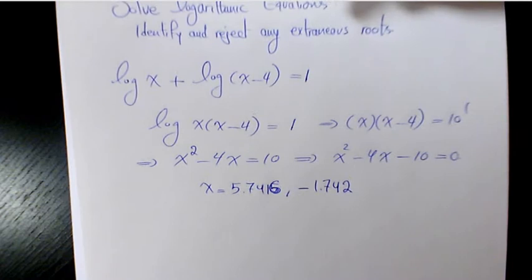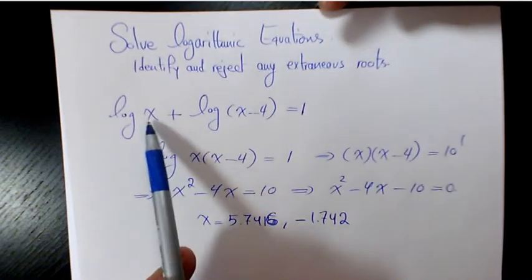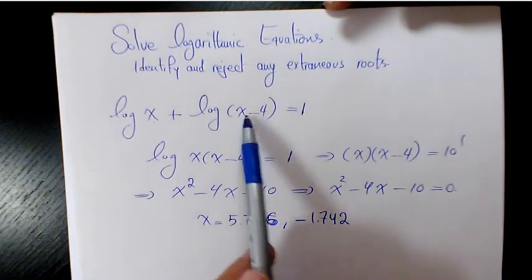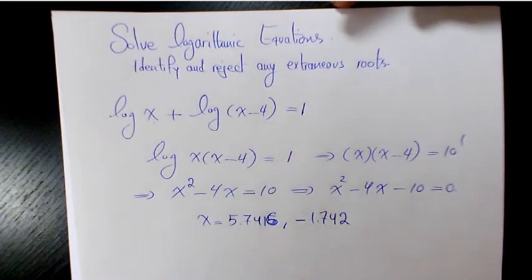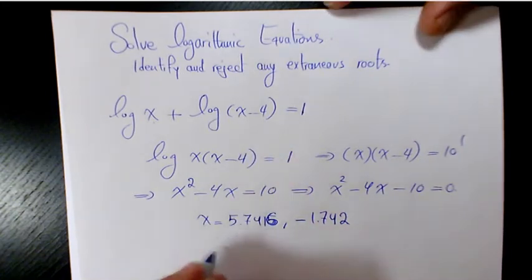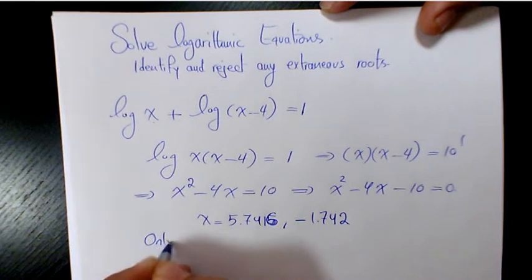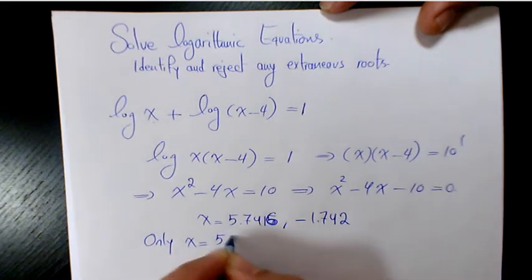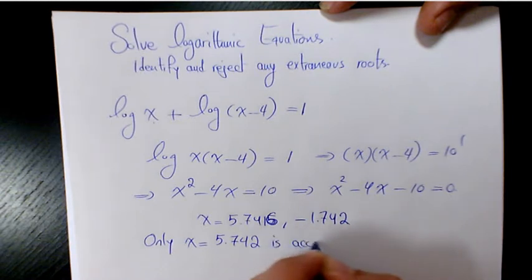And if you look at here, x has to be greater than 0, x minus 4 has to be greater than 0 as well. So only this one is going to be acceptable. Only x equals 5.742 when you round it is acceptable.